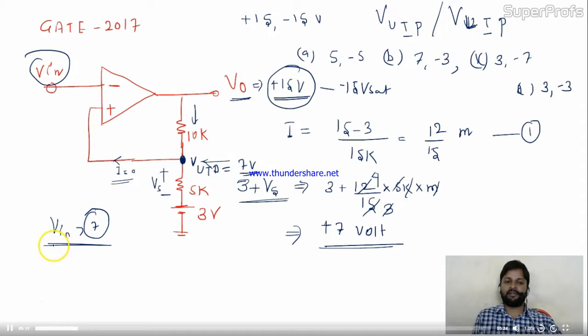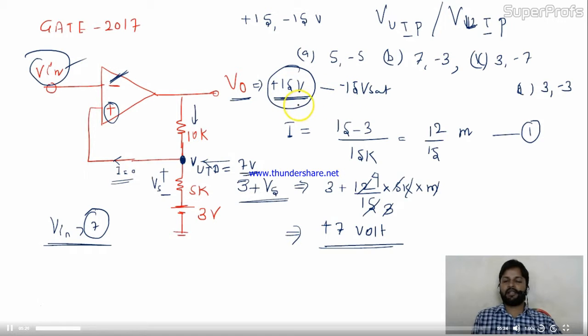It's perfectly fine, clearly visible over here. If your V in is greater than 7, then your 15 will come to minus 15. At the negative terminal, the potential will be higher than the positive terminal. So suddenly your output will change.